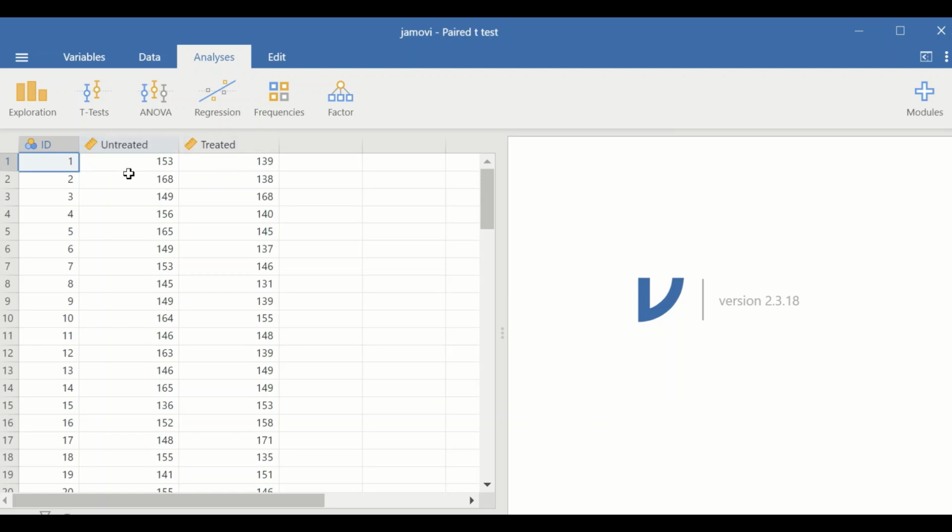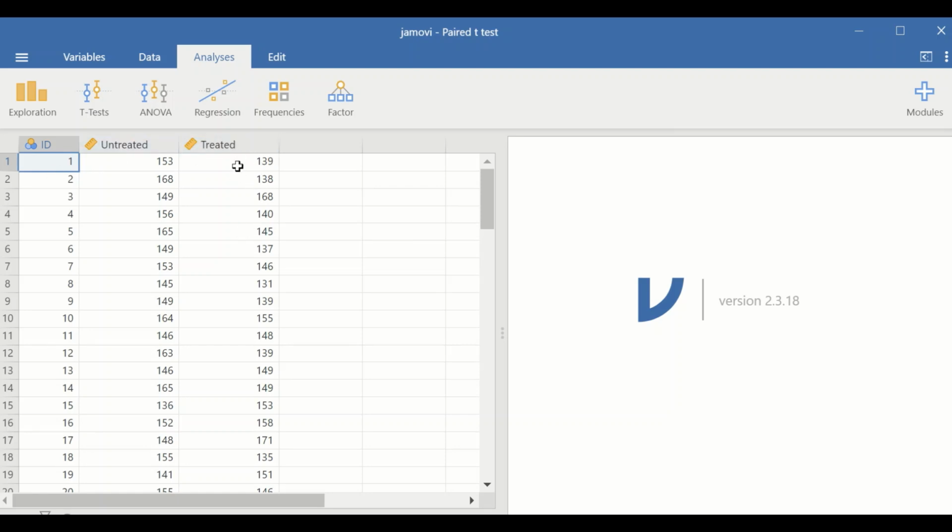At time 0, when the drug was not given, the systolic blood pressure was measured, and that variable is called untreated. Then the same participants were given the drug and the systolic blood pressure was measured.